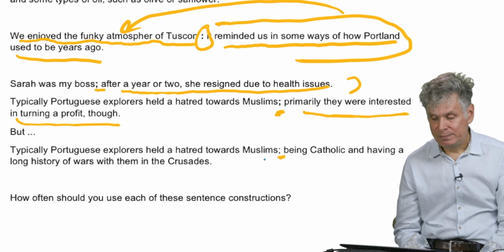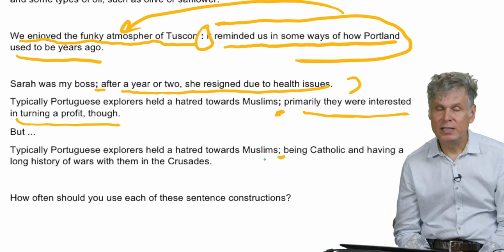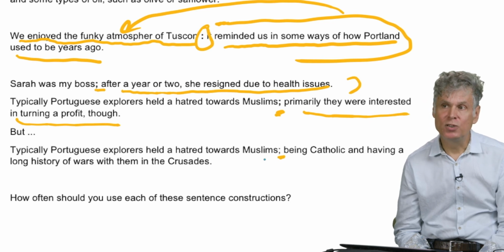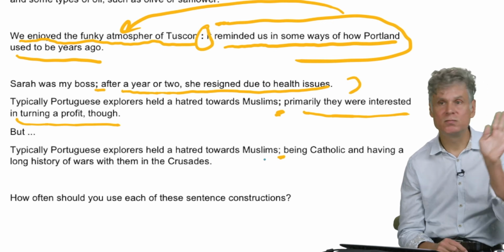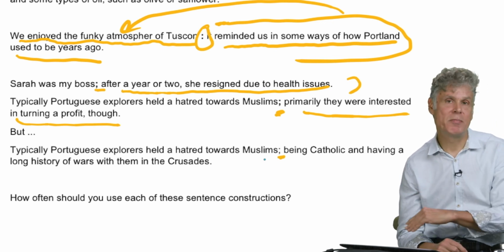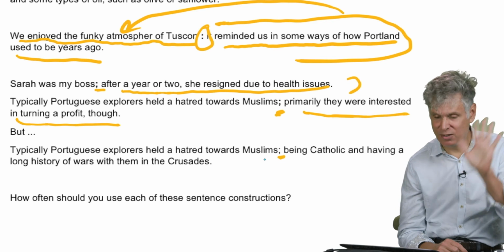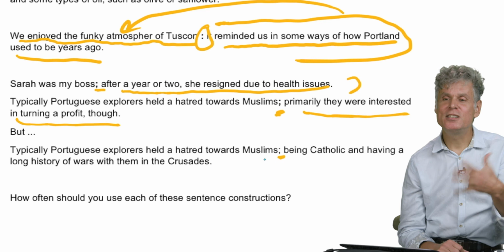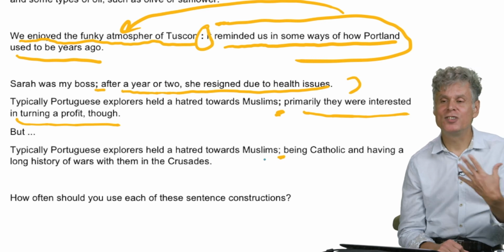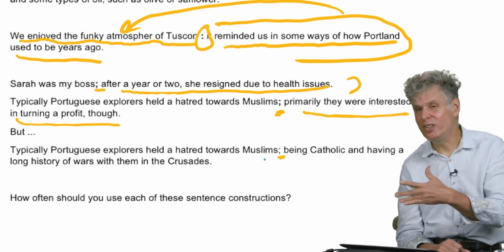So, how often? I said at the very beginning, you can use semicolons a little bit more often than colon. Colon, use it once the entire paper. At least, don't use it more than twice on the page. It looks too weird. I'm being somewhat jokey by saying this. Just don't use it very often, whereas semicolon, use it a little bit more often.